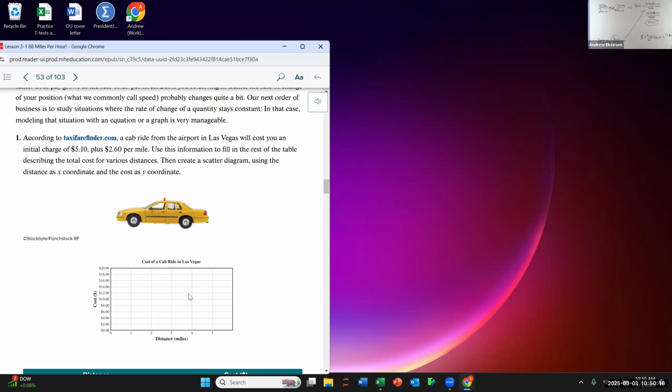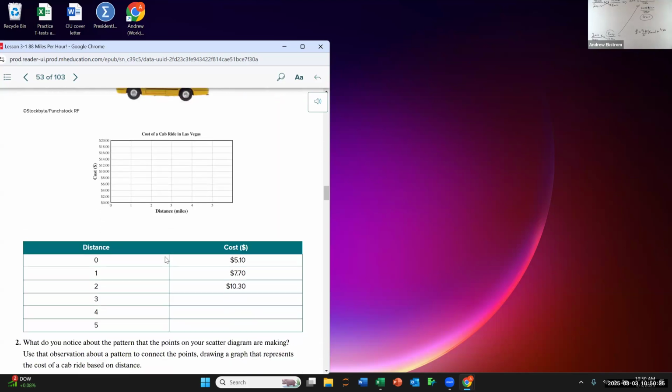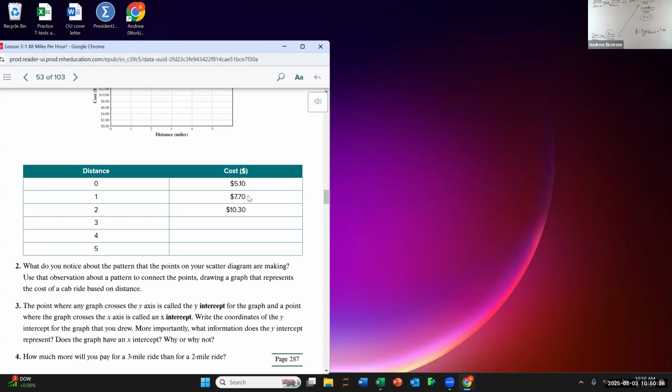So to call them up, have the driver come out and then cancel it, it's going to cost you $5.10. And if you look at the table that we have down here, you can actually see that.